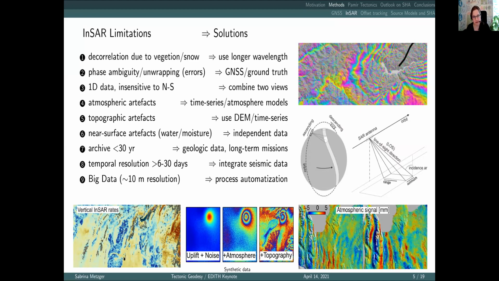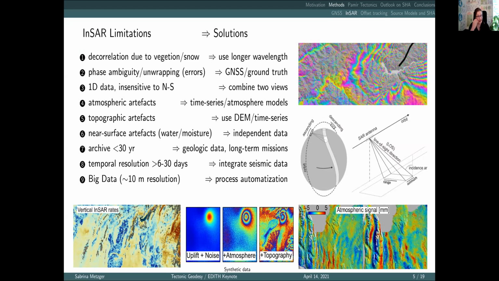Now we do not only observe ongoing tectonic processes, but also processes which have their source in the near surface, so in the first few meters of our soil. And they're often due to water content or moisture within the vegetated area. So again, we need to have independent data and do a systematic interpretation of our observations.